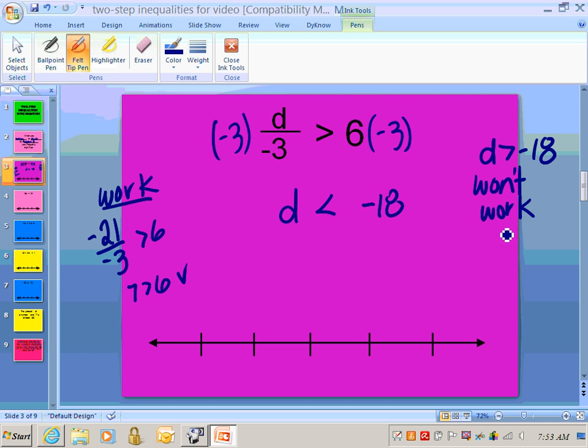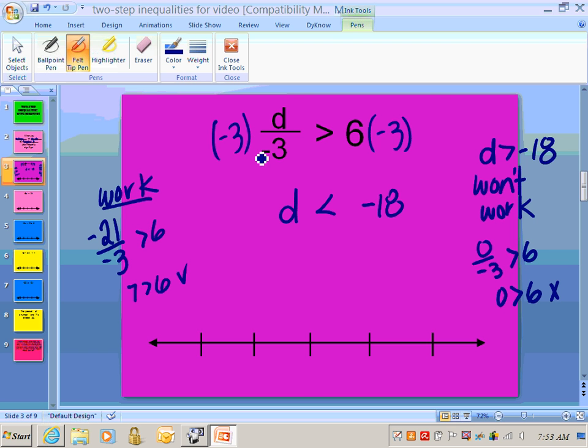So let's do 0. 0 over -3 greater than 6. 0 over any number is 0, is greater than 6. That's a false statement. That's not going to work. That is why we have to flip the sign when we multiply by a negative, it changes the value of the variable.